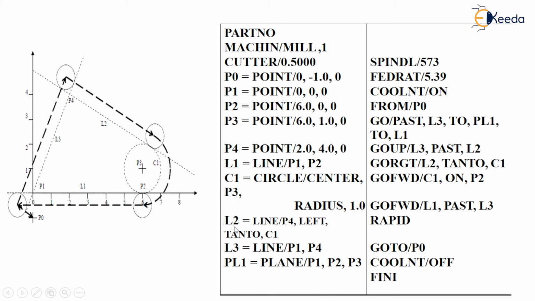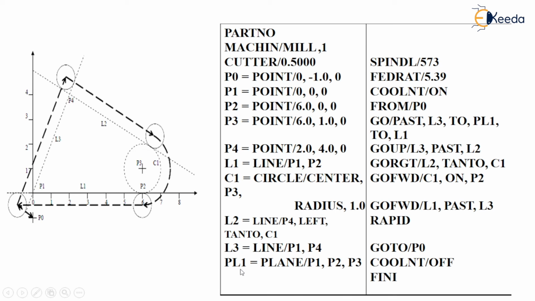Then L2 will be here: line slash P4, the point is the next point, left, on the left side, and tangent to C1. Then L3 will be here: line slash P1, next point, P4, previous point.